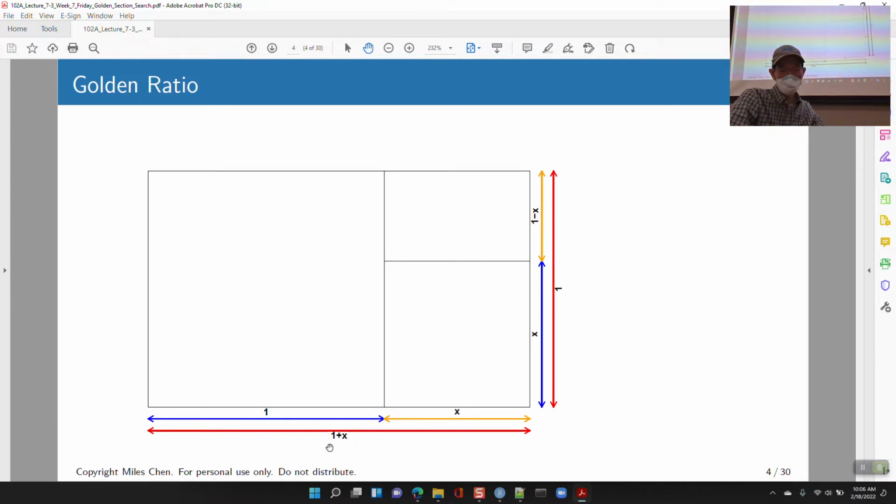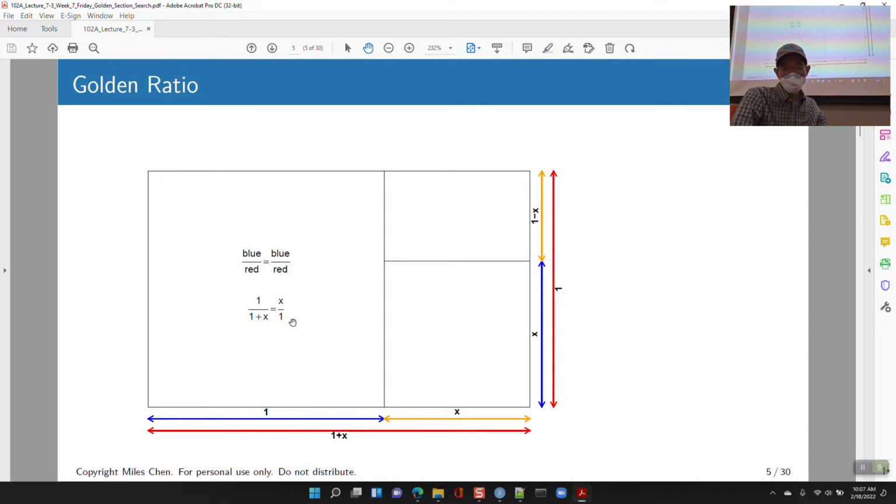So 1 over 1 plus x is going to be the same ratio as x over 1. So if I do 1 divided by 1 plus x, that's going to have the same ratio as x divided by 1, and that's kind of the definition of the golden ratio.